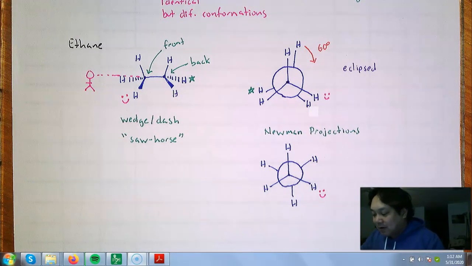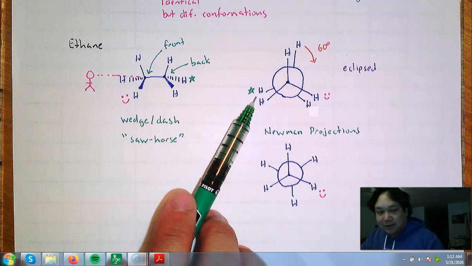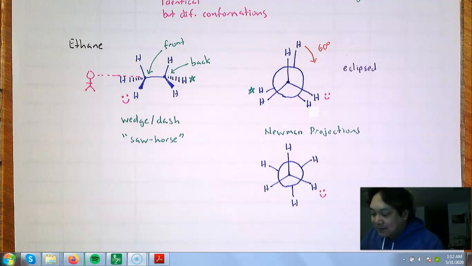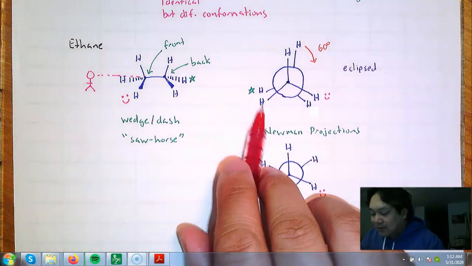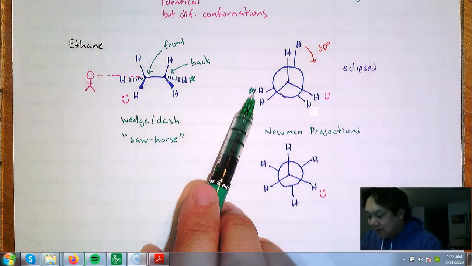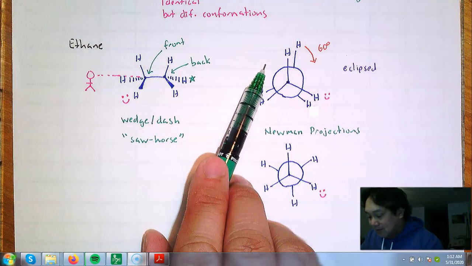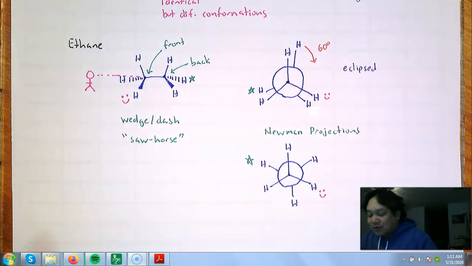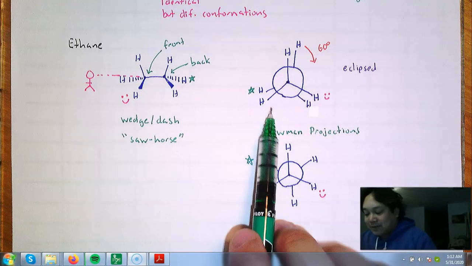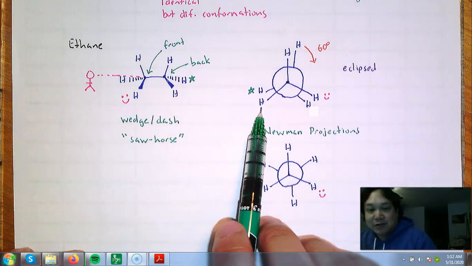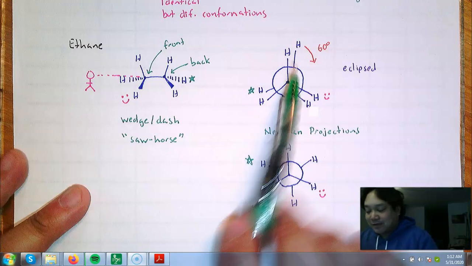The star hydrogen was here on the left in the back carbon, and we moved it 60 degrees. So all of these hydrogens are moving 60 degrees. So if I move this 60 degrees, actually it's going to be right here in this position. Remember, that hydrogen, I know I didn't draw it, but it's hard to draw the hydrogen directly underneath this hydrogen here, right? It's hard to see because it's obstructing the view.